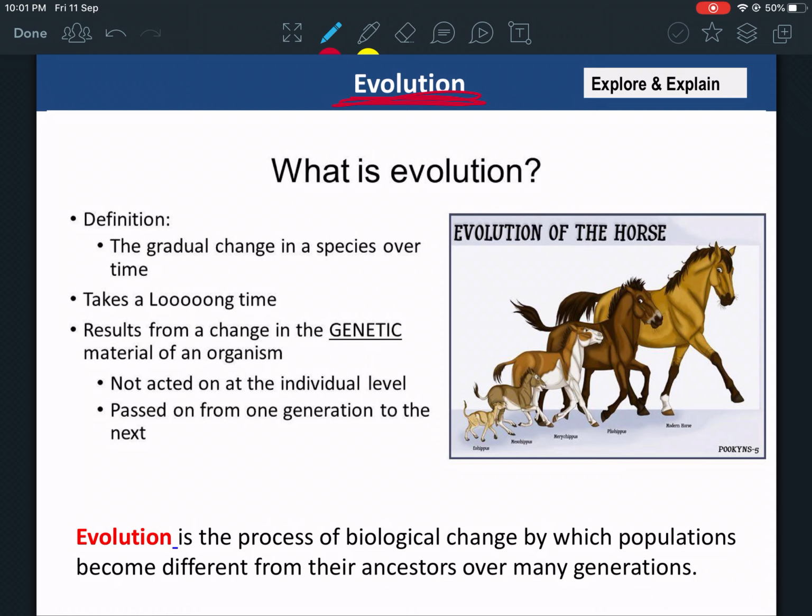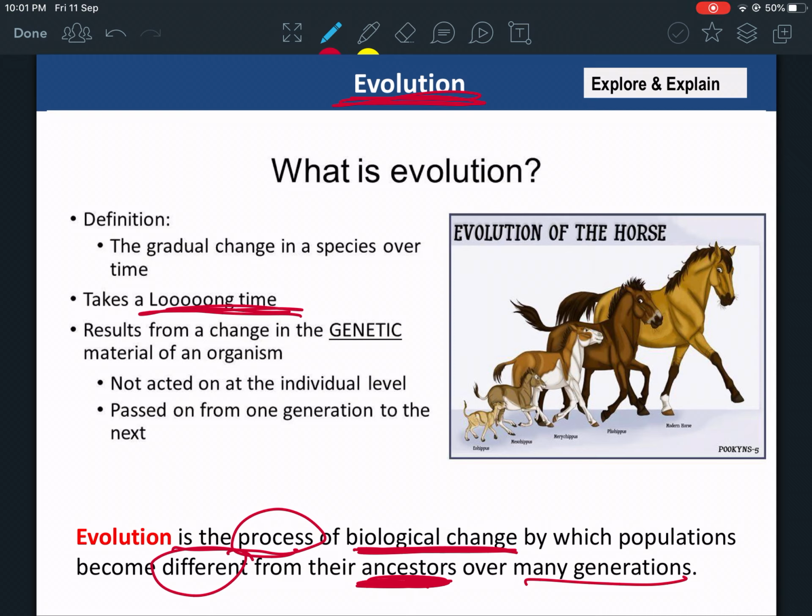It's basically the process of biological change, that means change in the body of species or living things or organisms, by which populations become different from their ancestors over many generations. And we're talking about a long time, thousands of years, if not millions, if not hundreds.